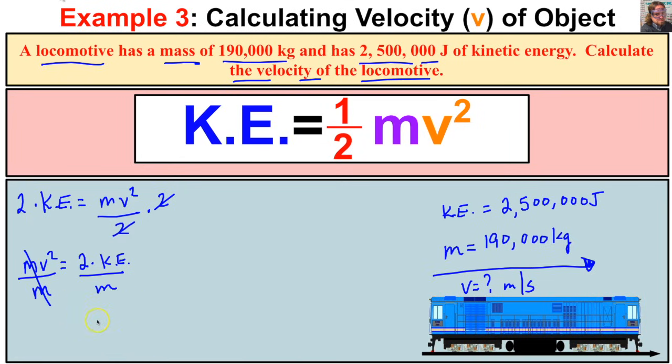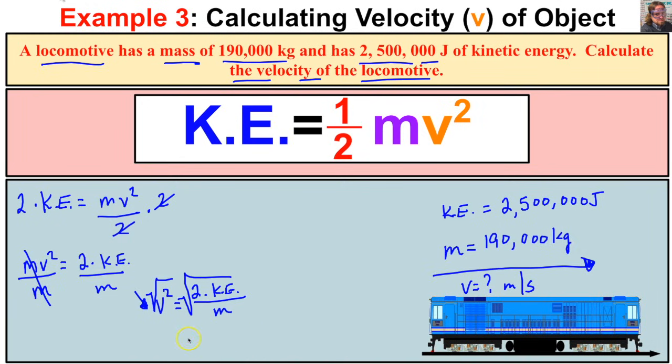And so now we end up with v squared. We'll put this over here. We're going to end up with v squared equaling 2 times the kinetic energy divided by the mass. But we're not solving for v squared here. We're trying to solve for just v. So what do we have to do here? We now have to take the square root of both sides.